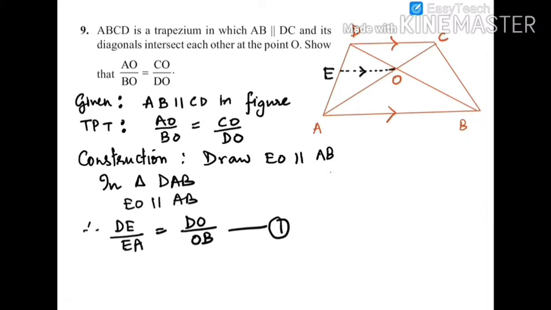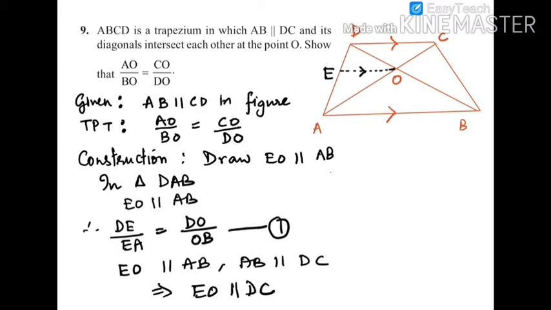Yes, because EO is parallel to AB and AB is parallel to DC. This implies EO is also parallel to DC. We have studied this theorem in grade 9, which says two lines that are parallel to the same line are parallel to each other.